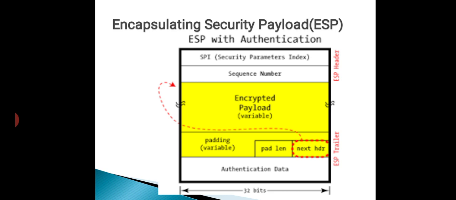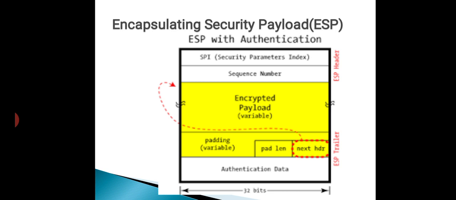Next is padding. It contains the padding bits. Padding length indicates the number of pad bytes immediately preceding this field.